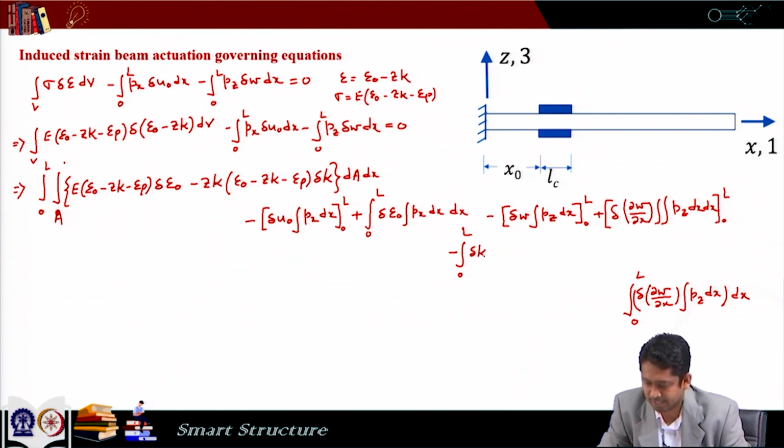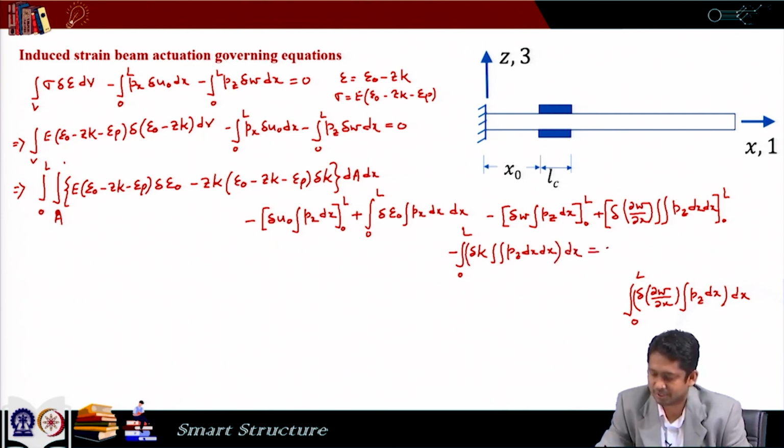So, delta kappa multiplied by the p z integrated twice, and then this entire thing integrated over 0 to L, and that is equal to 0.